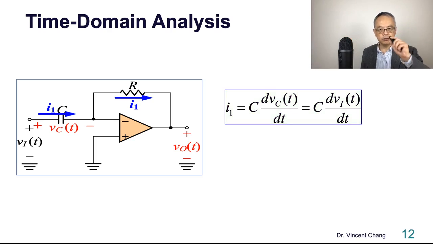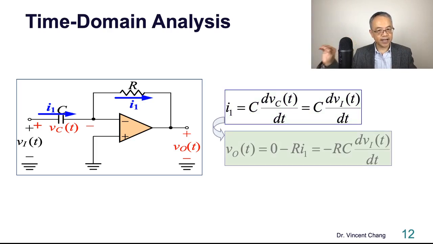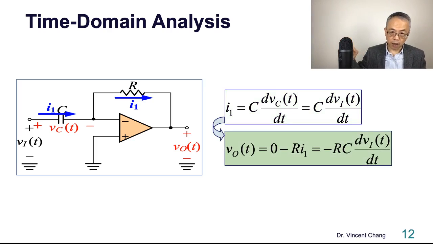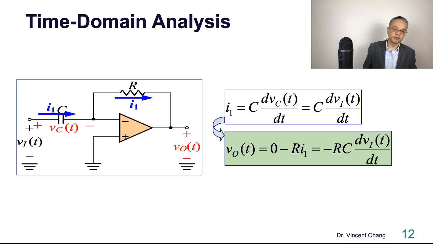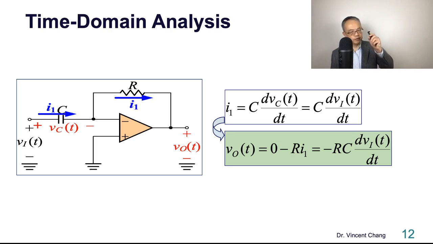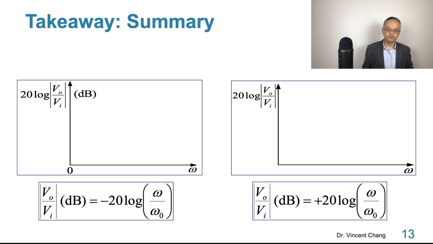So now VO equals negative I times R, and you see VO is proportional to the derivative of the input signal. That is the differentiator.